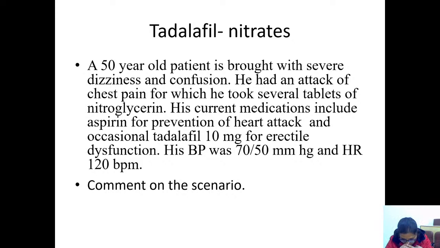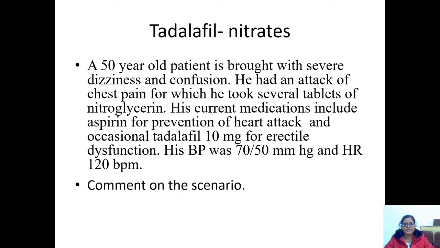In your physiology classes you would have read that when a person is hypotensive, there would be reflex tachycardia. So now here your patient is hypotensive, and that's why he is having reflex tachycardia. Now go further ahead.